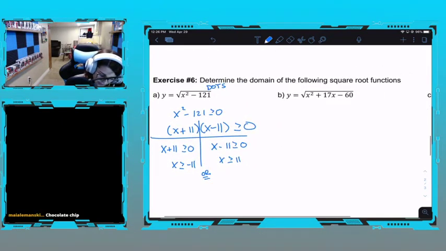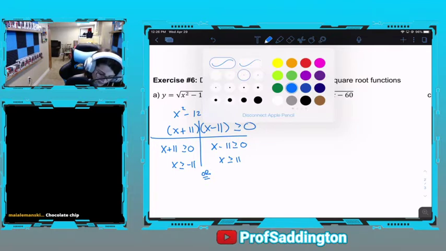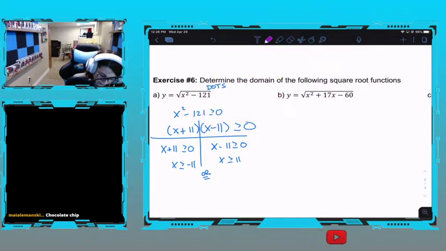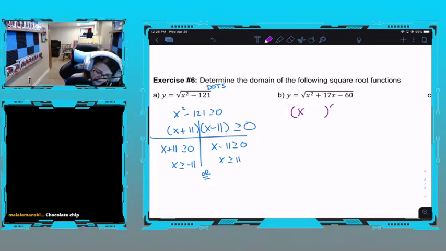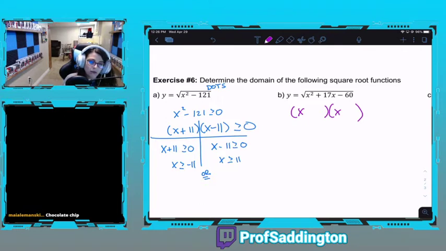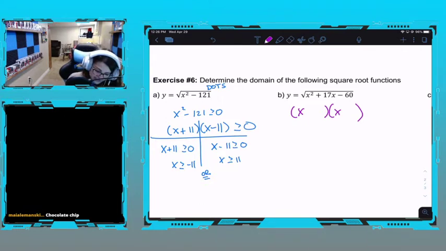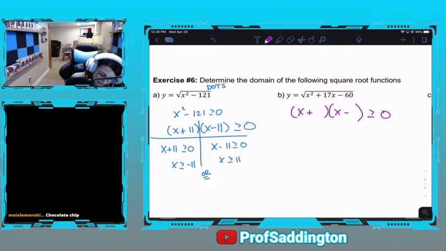Okay, let's do one more. This one's just going to be a normal quadratic, so that's going to factor into x and x. We are multiplying to get a negative, which means my signs are going to be different. And I've got to combine to get 17, so let's do positive 20 and minus 3.